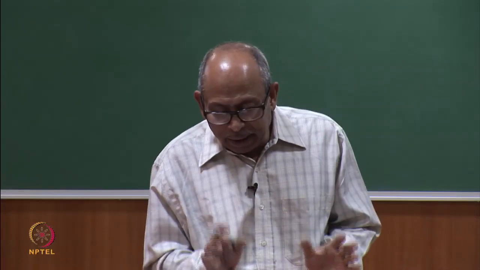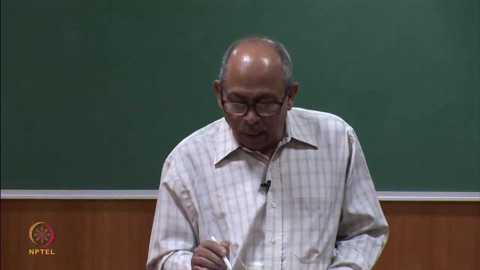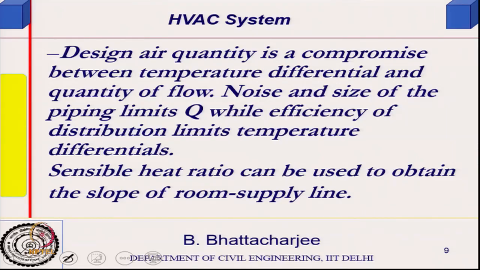Now summing it up then, design of air quantity, what I mentioned earlier, I am just again summing it up. Air quantity is a compromise between temperature differential and quantity of flow. Noise and size of the piping limits Q, right?